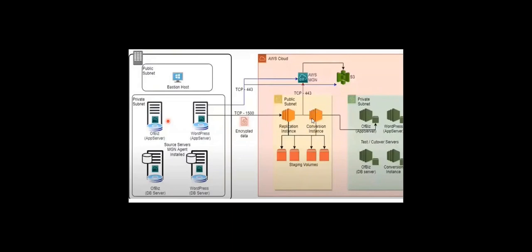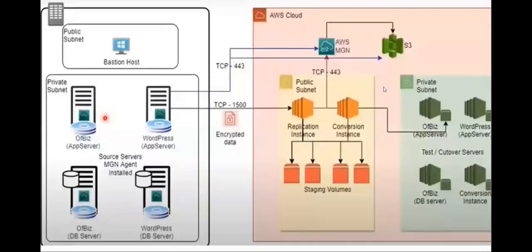Then, from these conversion instances, your data is moved to the destination you specified. Remember, these replication instances as well as conversion instances are present in the public subnet, whereas your application server finally reaching the destination will be present in the private subnet.